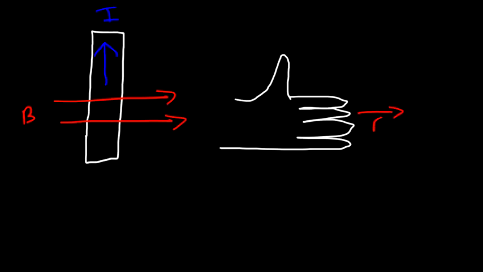So this represents B, and this represents the current I. So using your right hand, look at where your right hand opens towards. If you direct it the way it's presented here, it's going to go into the page. The force comes out of the palm of your right hand, and so it's going to be directed into the page. And that's how you can figure it out.